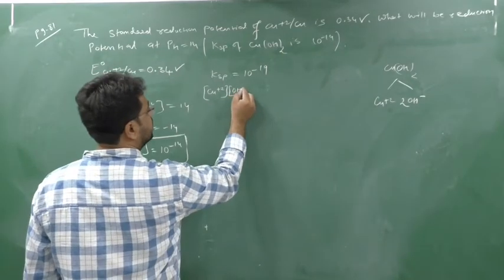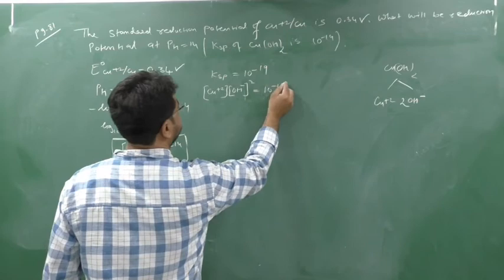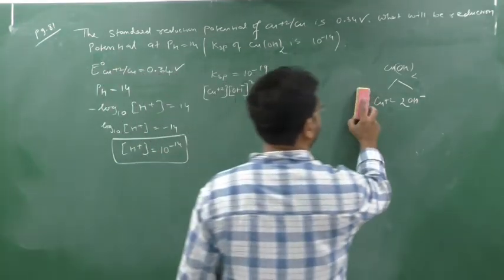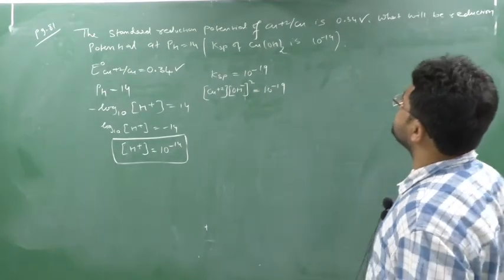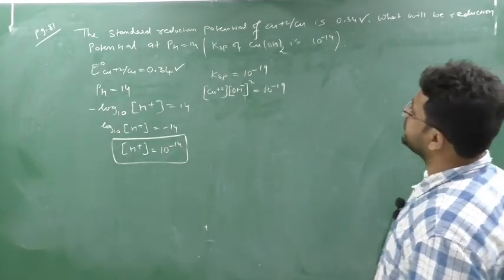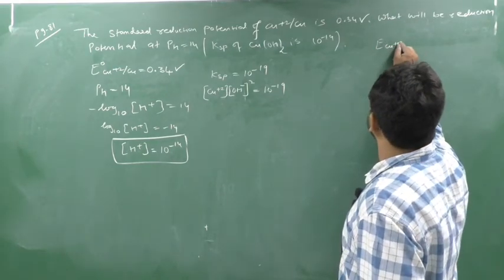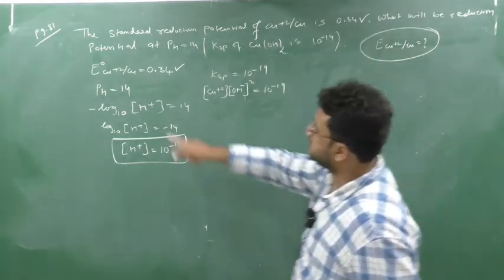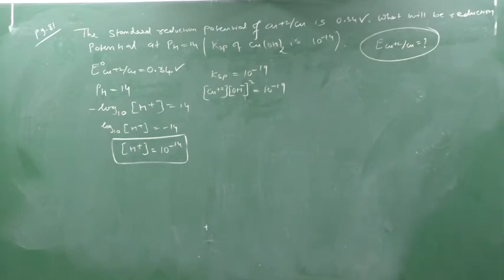So when I put the moles, it goes in the power. Clear? So this is also Ksp. Now they ask you to find what? What will be the reduction potential of Cu plus 2? Meaning I have to find E of Cu plus 2 slash Cu. This I have to find out. They have given certain conditions, so I will use the Nernst equation only. Yes or no?